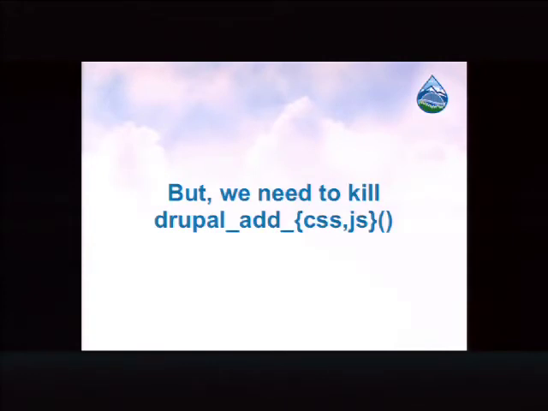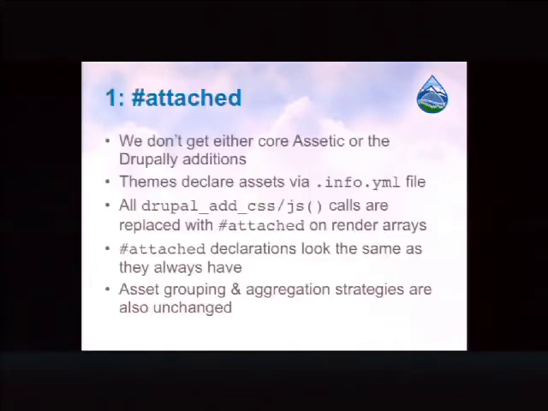But yeah, the issue is really we need to kill the global functions, Drupal add CSS, Drupal add JS. And there are a couple of different strategies for doing it, and here we are with the 3 different ways that things could go in core.